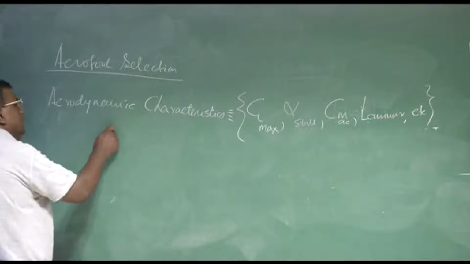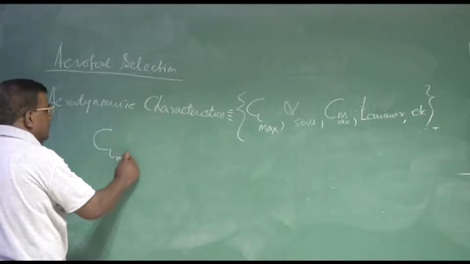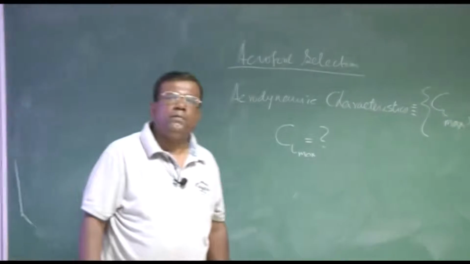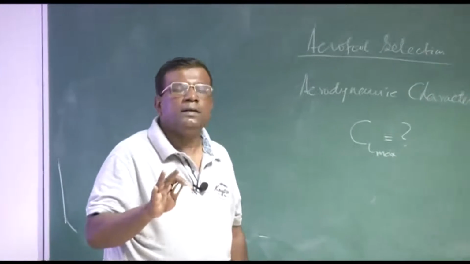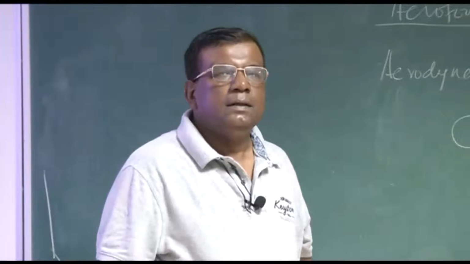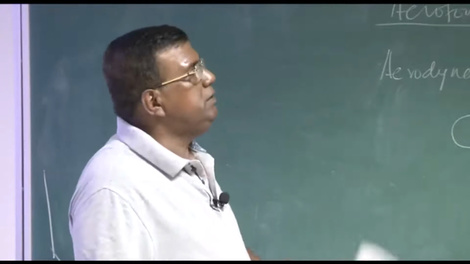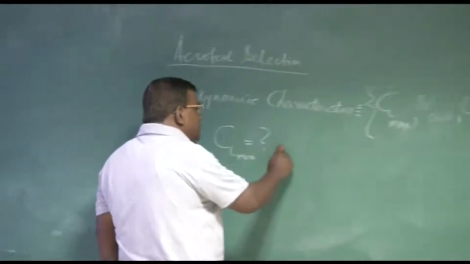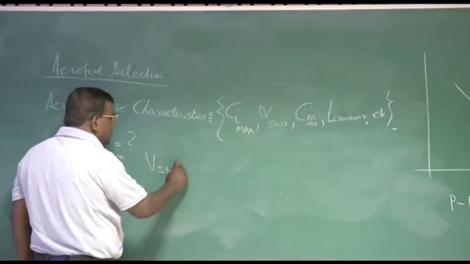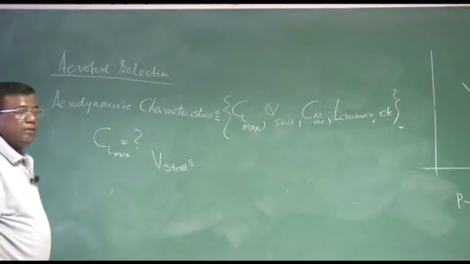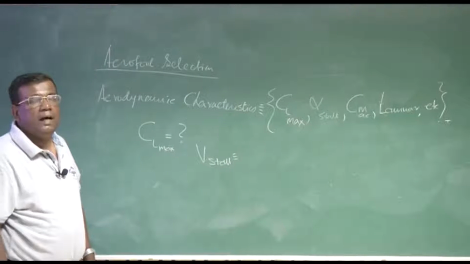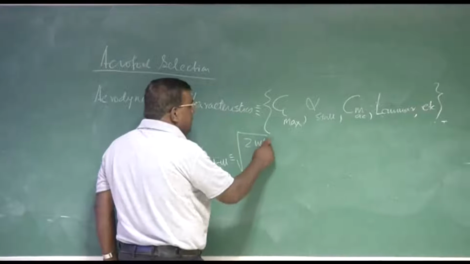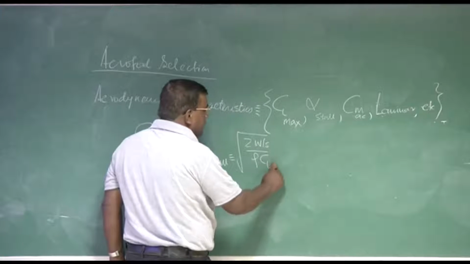If I take this CLmax, we know that most of the time when the airplane will be flying, it will not be flying at CLmax. But why are we giving so much stress on CLmax? For the simple reason that Vstall, which we understand is the minimum speed at which the airplane can maintain level unaccelerated flight, is given by the square root of 2W by S rho CLmax.